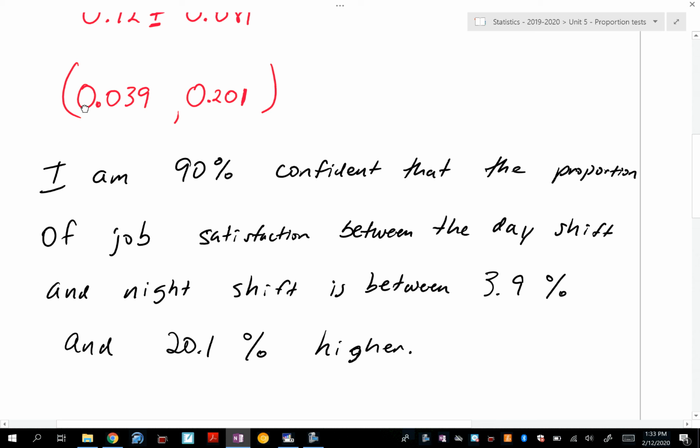Let me try to say it again. We're not running a test. But yesterday when we ran the test, we assumed, right, the null hypothesis, that they were the same, that the difference should be 0. So what do you see is not in here? 0. Okay? So we're saying that when I look at this, right, even though we didn't run a test, if I ran a test, because 0 is not in here, I bet if I ran a test, I would end up rejecting that these job satisfaction percentages are equal.